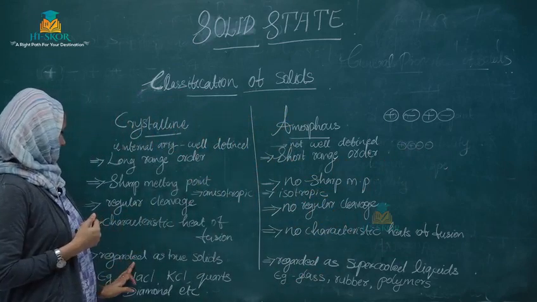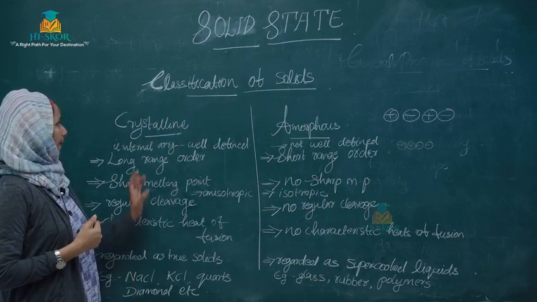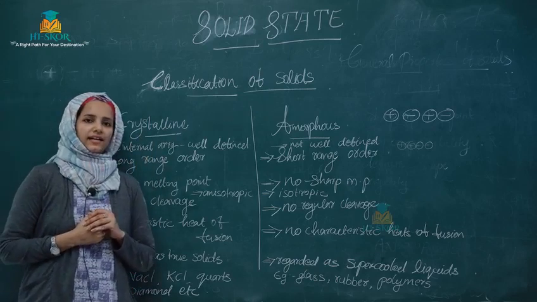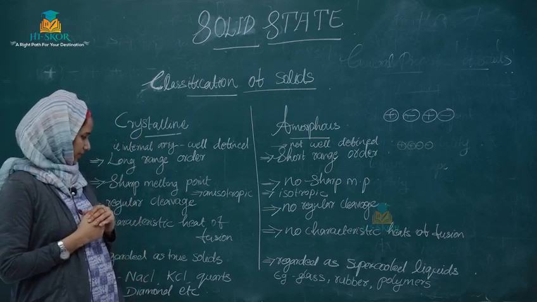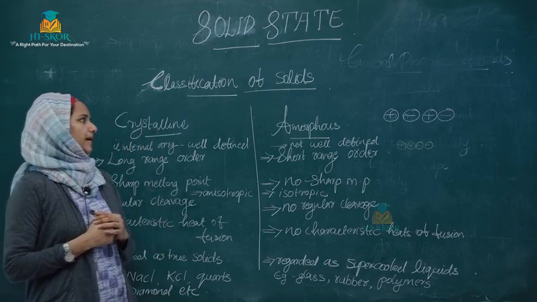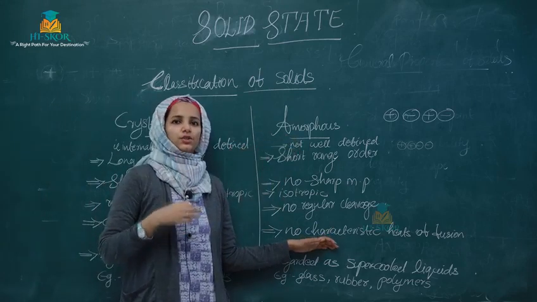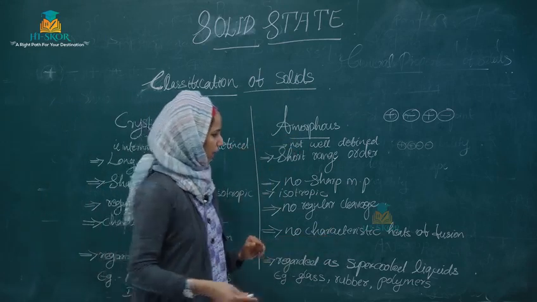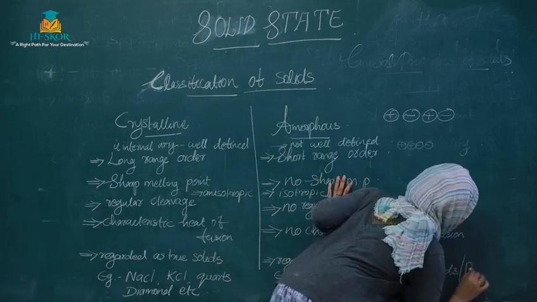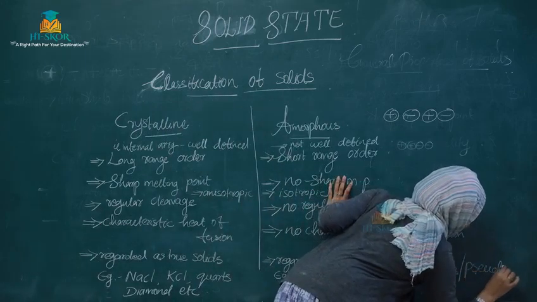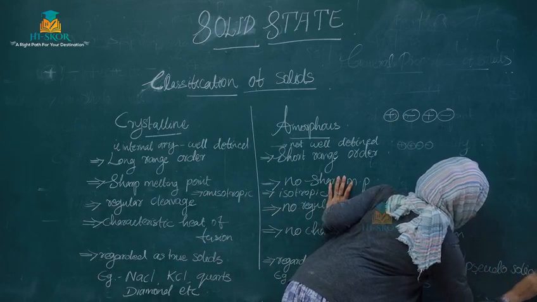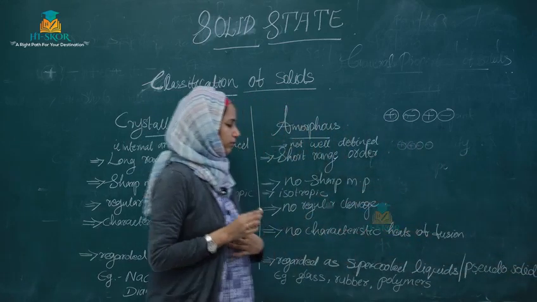And next, crystalline solids are regarded as true solids. What do they call? True solids. But amorphous solids are called supercooled liquids, or we can say that they are pseudo solids. Why is it called a pseudo solid?